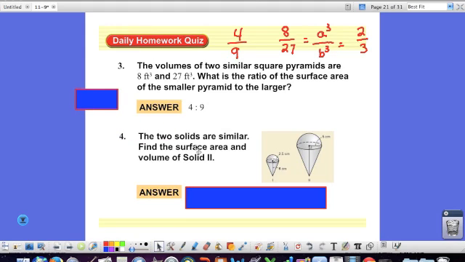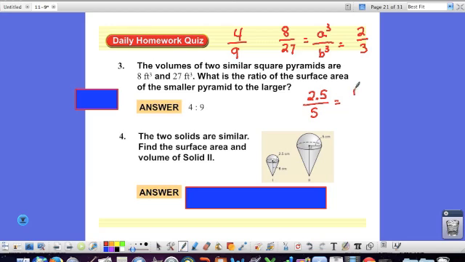And 2 solids are similar. Find the surface area and volume of solid 2. So their ratios are going to be similar. So everything is going to be doubled. So 2.5 over 5.